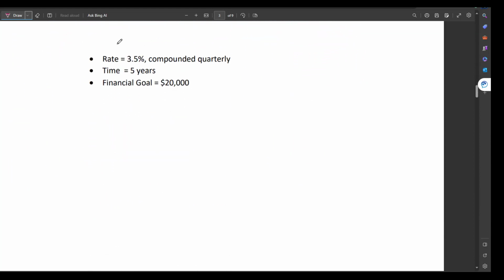All right, next one. Our rate is 3.5%. It is compounded quarterly, so N equals 4. The time is 5 years, and our financial goal is $20,000. So let's figure out what our periodic deposit should be.